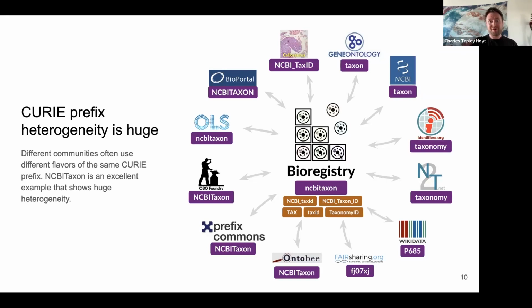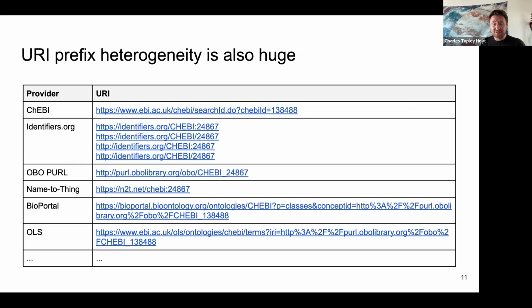I'm burying the lead here by putting Bioregistry in the middle as the solution to all of this, but we're not quite there yet. On the other side, there's also the URI prefix problem, where there's a massive number of URIs that can be used. And you astute OBO people out there will say there's only one real URI, which is the OBO PURL, and this is the canonical correct one.